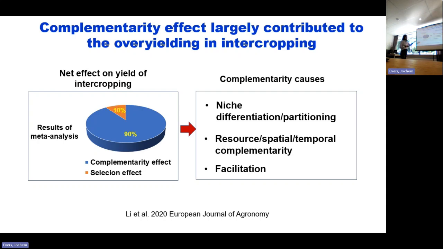The complementarity effect consists of a lot of complementarity causes, like niche differentiation and niche partitioning. That means different species use different resources, or use them at different times or spatially, such as resource or spatial-temporal complementarity, or facilitation. I will go into detail on these two aspects. So in this talk, I will go into detail about resource complementarity and facilitation.